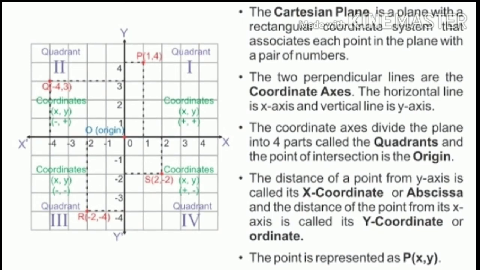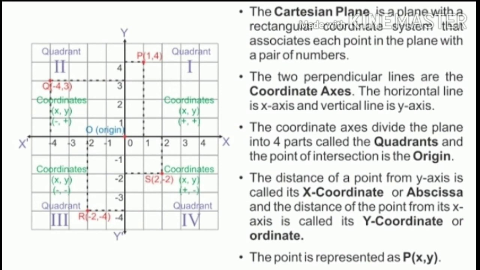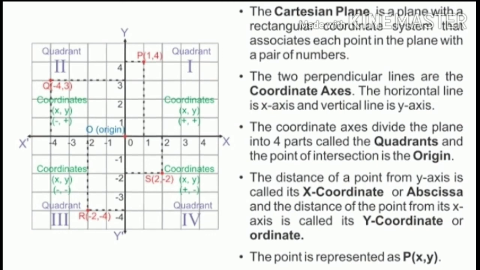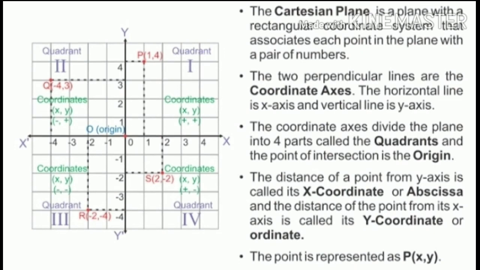The coordinate axes divide the plane into 4 parts called the quadrants, and the point of intersection is the origin. The point of intersection of the x-axis and y-axis is known as the origin.